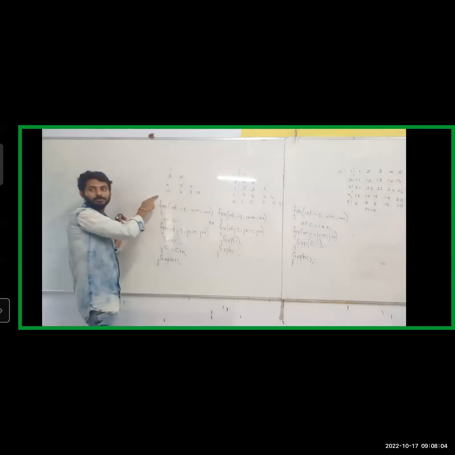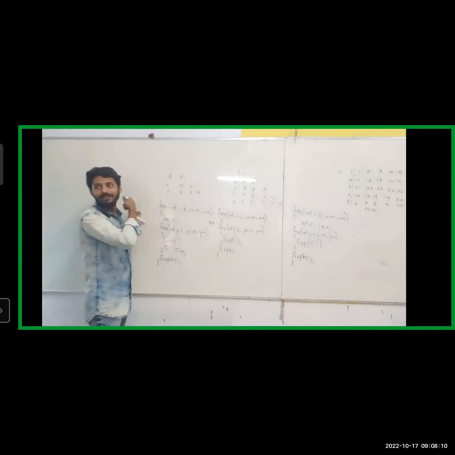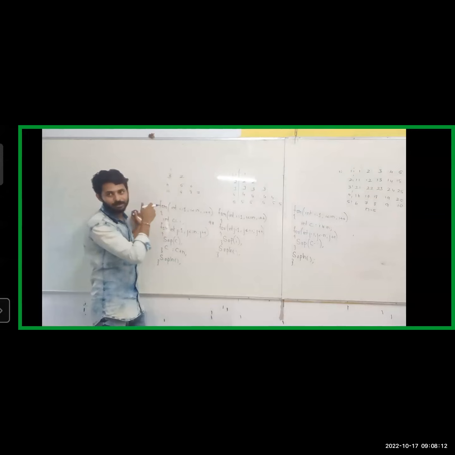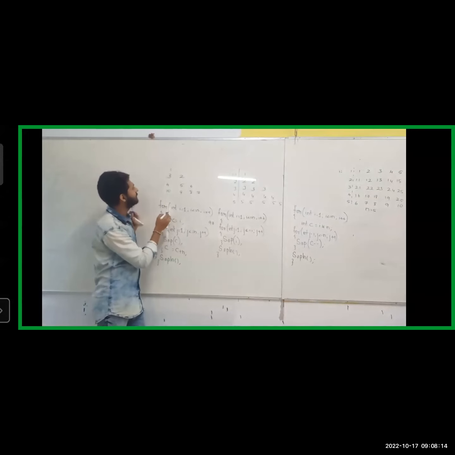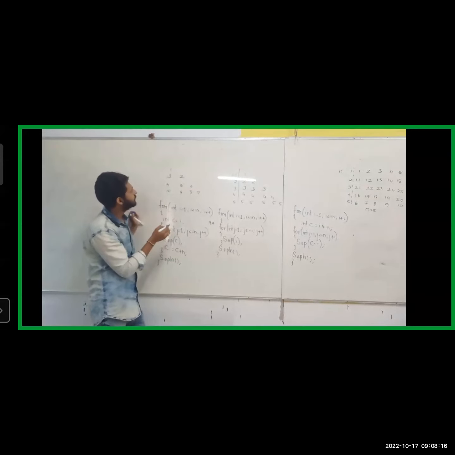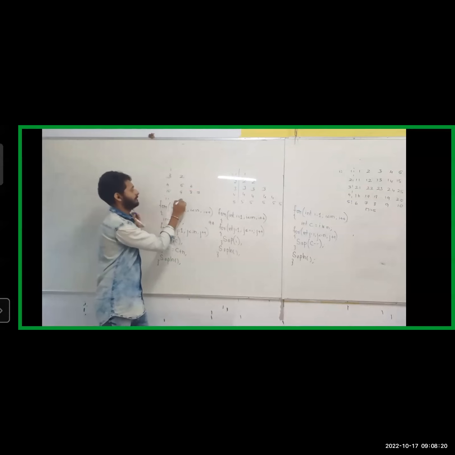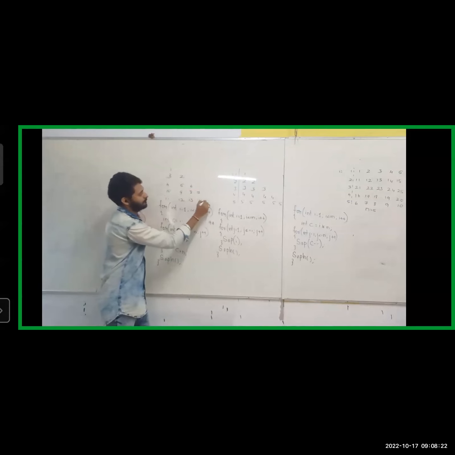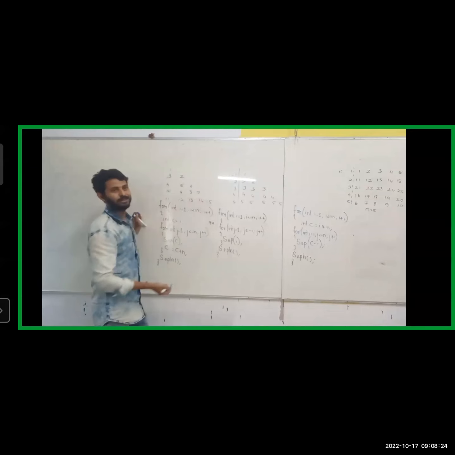You want me to write one more column? If you want, I can write. Simple only, right? 1, 2, 3, 4, 5, 6, 7, 8, 9, 10. Simple only. Okay, but if you want me to write one more column, then simple only, nothing much.